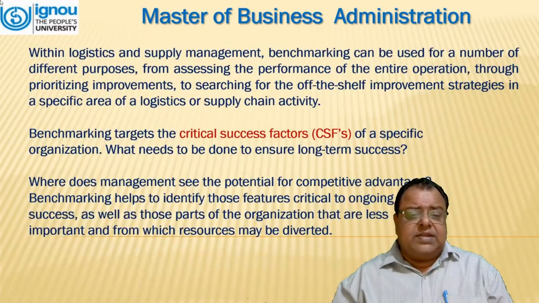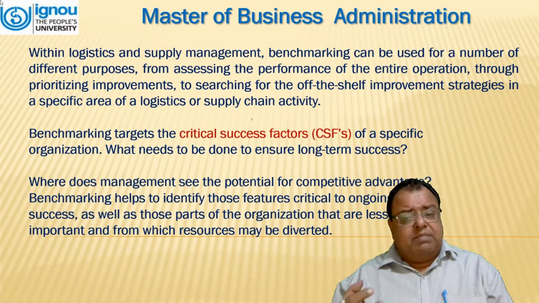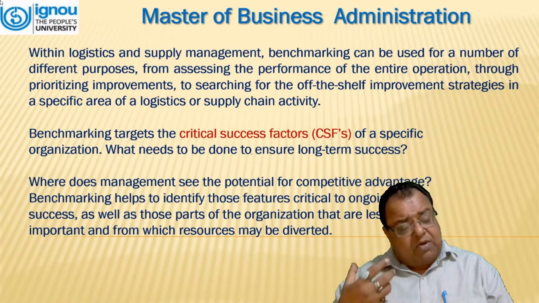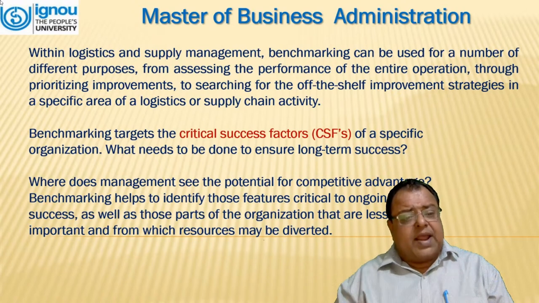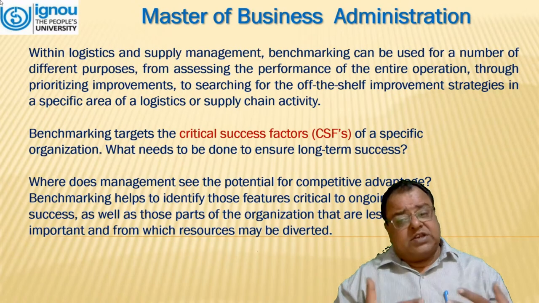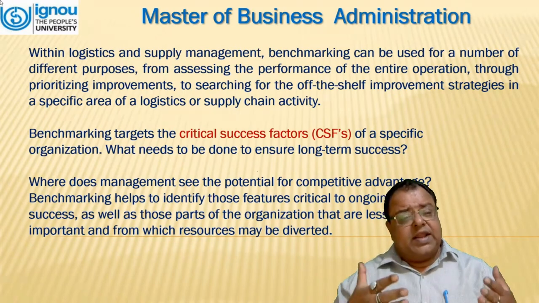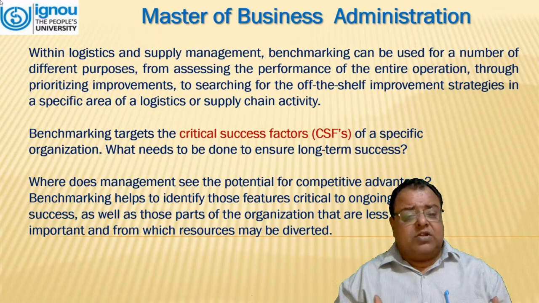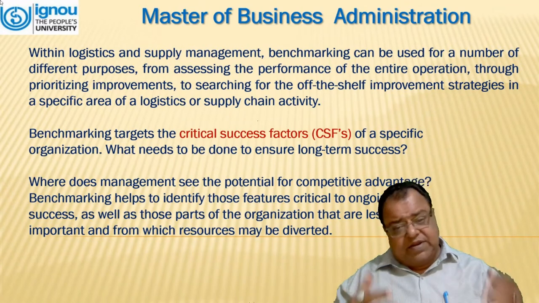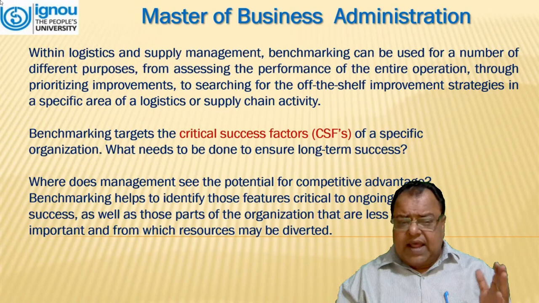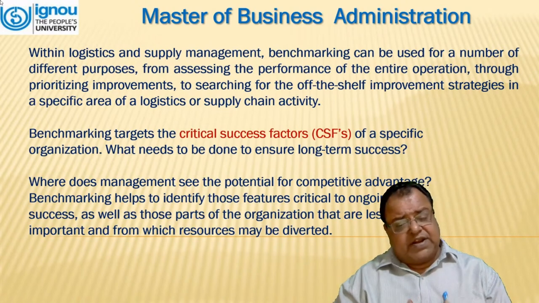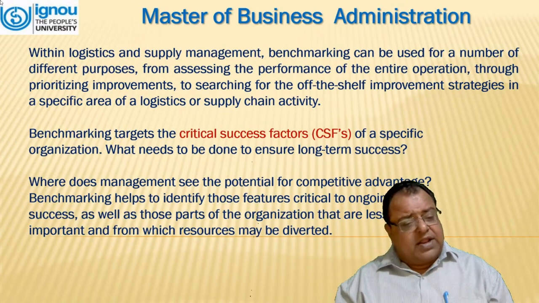Within logistics and supply chain management, benchmarking can be used for a number of different purposes, from assessing the performance of the entire operation through prioritizing improvements to searching for off-the-shelf improvement strategies in a specific area of a logistics or supply chain activity. Benchmarking targets the critical success factors, what we call CSFs, of a specific organization.